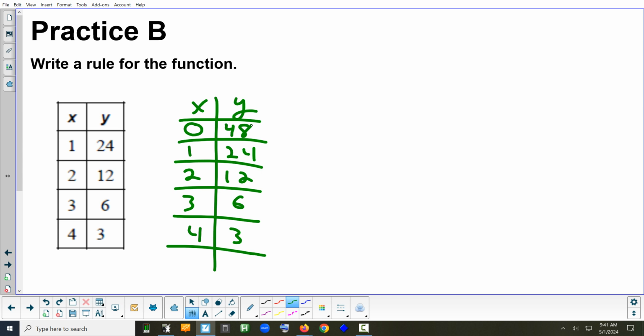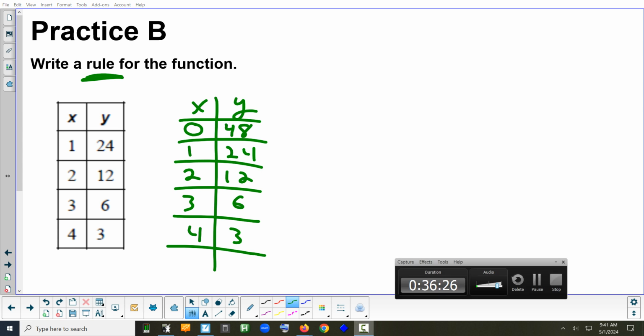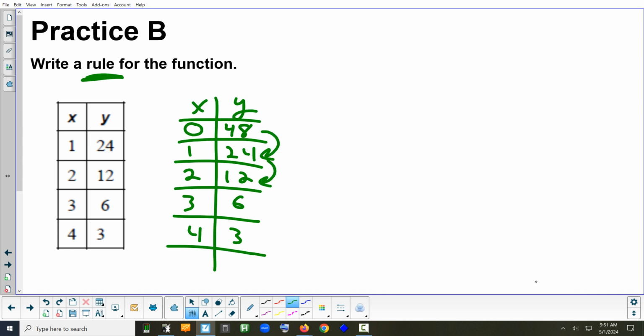Now see if you can write a rule, y equals ab to the x, and then I'll come check your answer. All right, so what's the equation that we have to use? The same one we're using all week.